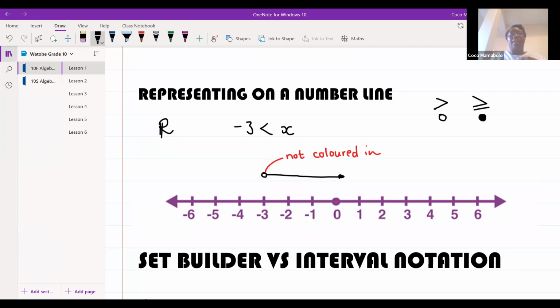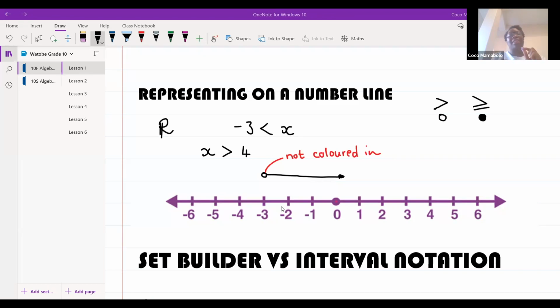Now, if I say that I want X to be greater than 4, and I still feel like I'm writing it wrong, it still feels a little weird because if X is greater than, then it should be on the greater than side. But it does make sense.